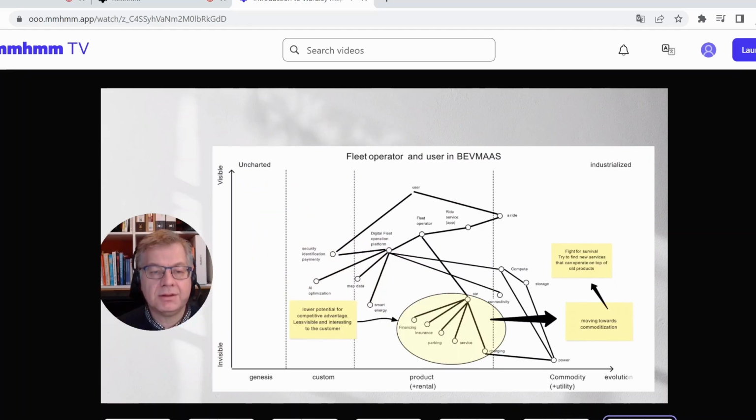So for a car OEM now, the car product becomes much less of a competitive advantage because it's less visible. Sometimes a car of one brand arrives, sometimes another, which is of less interest perhaps than availability and price. This leads to car OEMs having to fight for survival, either becoming white label suppliers to mobility brands, starting their own, or finding new services that can operate on top of existing products.